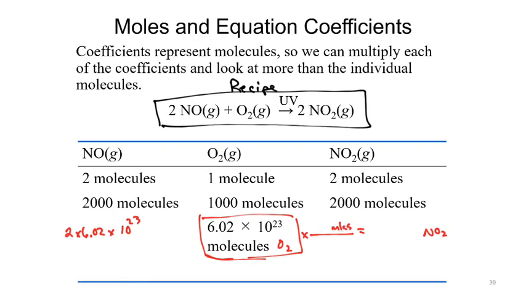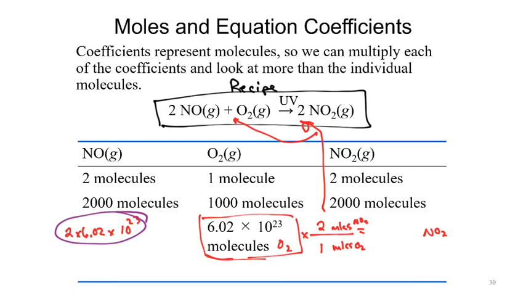So molecules of O2 would need to be in the denominator. NO2 would need to be in the numerator. That conversion factor is 2 to 1. Where do I find that conversion factor? That's coming from the coefficients from my balanced chemical equation. That's where the math that we saw on this other side is coming from.